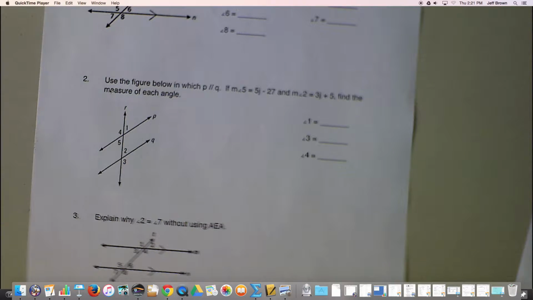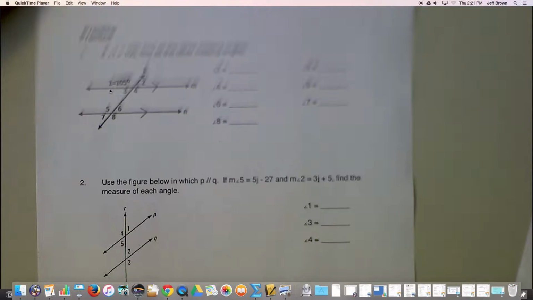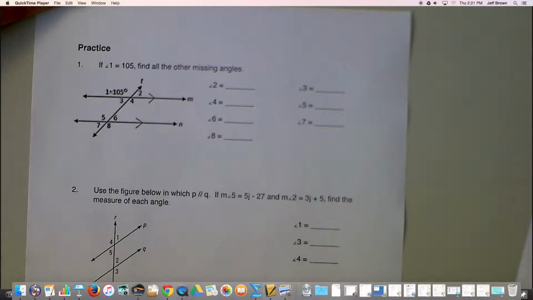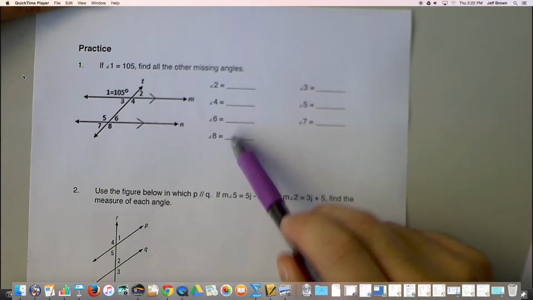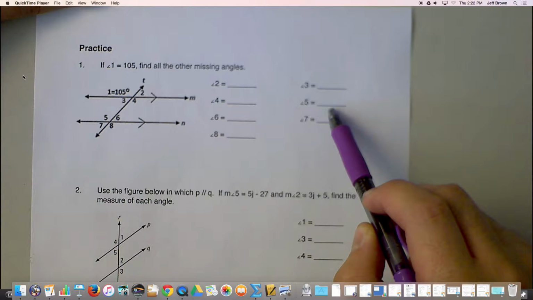So we have a practice page here. Up top, let's go ahead and start with number 1. So I'm told that in this picture, angle 1 is equal to 105 degrees. So that 105 degrees is angle 1. And I need to find all of my other angles, so find all of my missing angles.